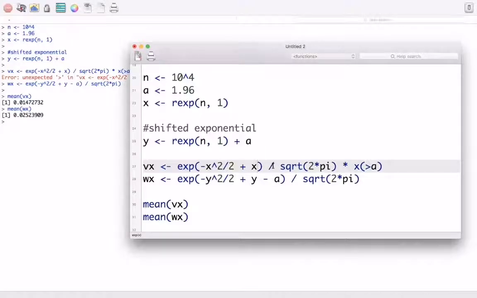The last term, at the end of the equation. Oh, okay, right. Thanks. Okay, x larger than a, right? Let's try to run this again.